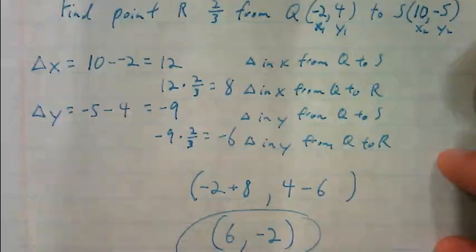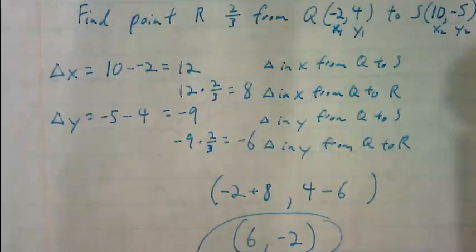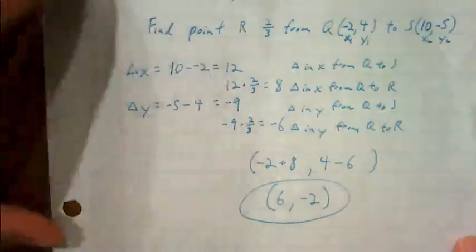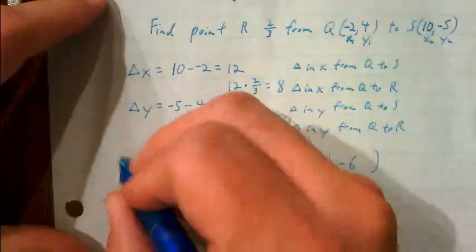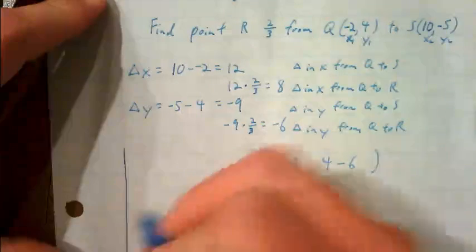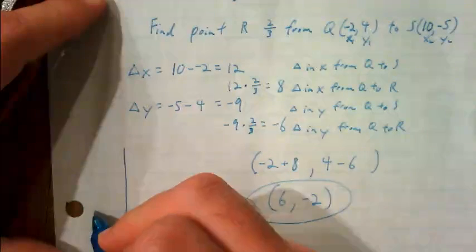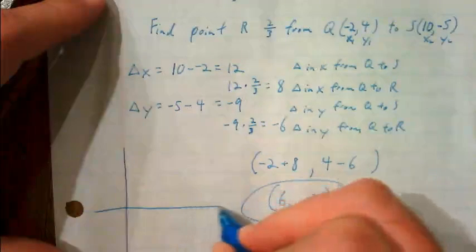Now, if you want to, you could even graph it to double check. So, let me zoom out just a little bit. And I'm going to make a graph of this so that you can see that this makes sense. So, I need to go back to -2, up to 10.